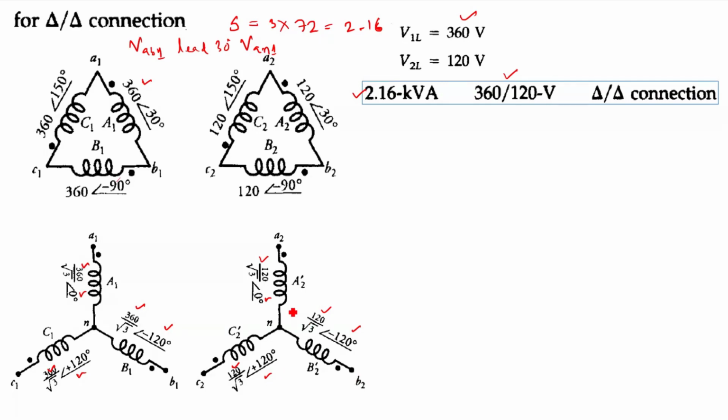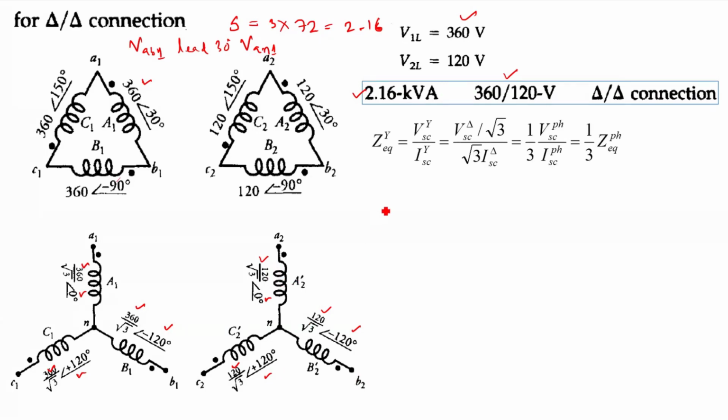So now if we'll draw the equivalent circuit, before we proceed, we need to find the Z parameters. Z parameters means those comprised of resistance and reactance. So that we can find, if I take for star connection, it will be VSC by ISC, right? Because this will give me the per phase quantities. In case of your star connection, this is in fact the phase voltage, right?